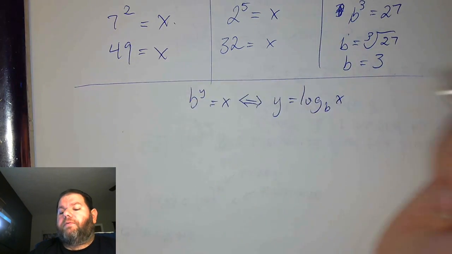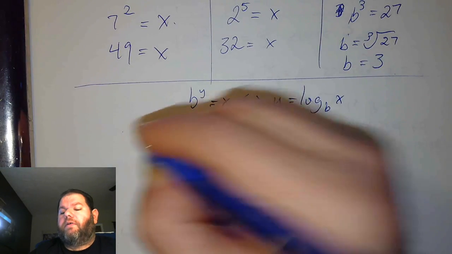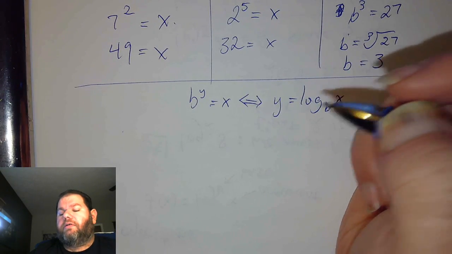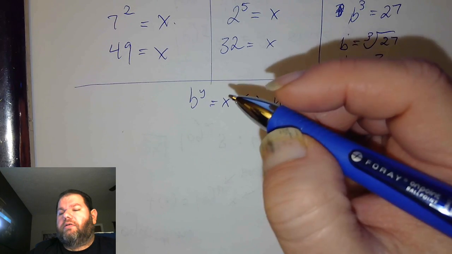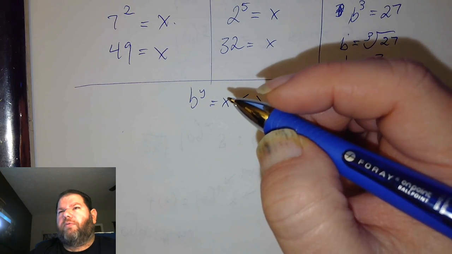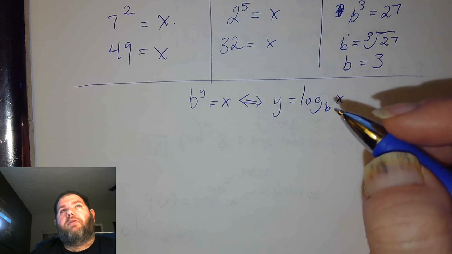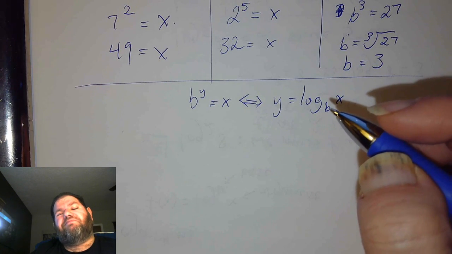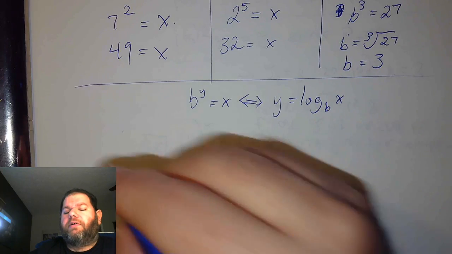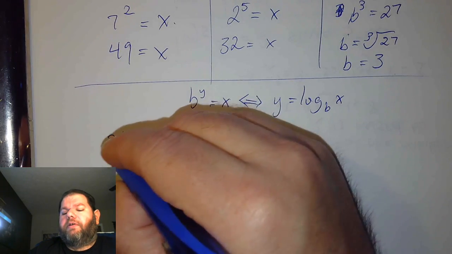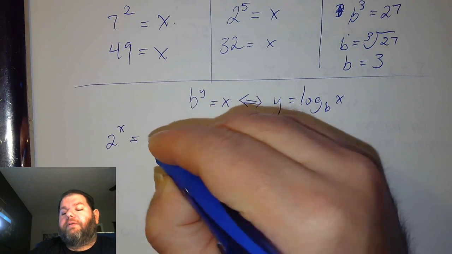For example, anything we work now will end up being solvable by other methods, but I'll just show you an example. 2 to the x equals 10.